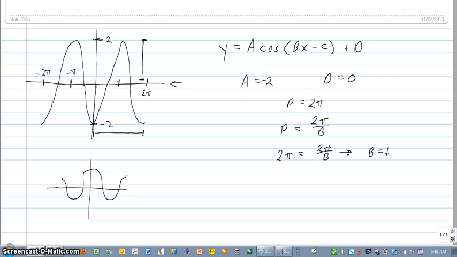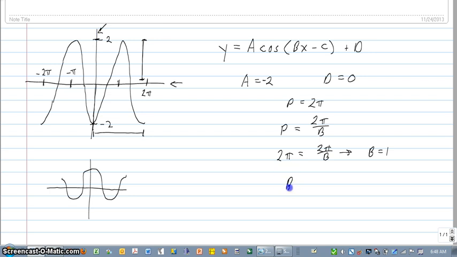And if we are using a cosine graph that's been flipped upside down, we can see that the graph that we're looking at has not been shifted at all. Or in other words, the phase shift is just the x value 0 because it hasn't been shifted.